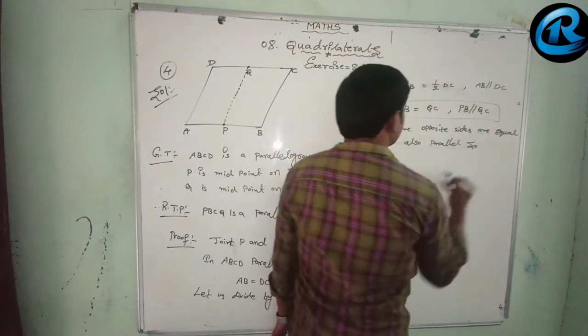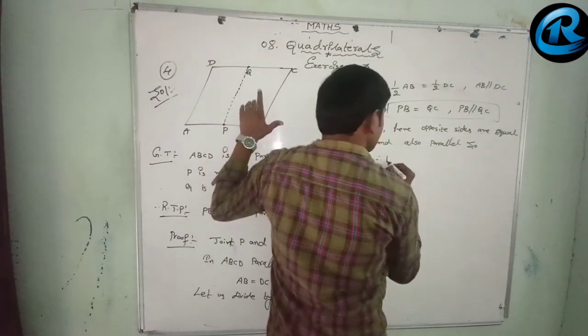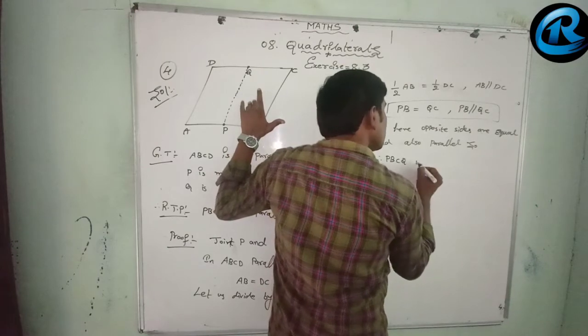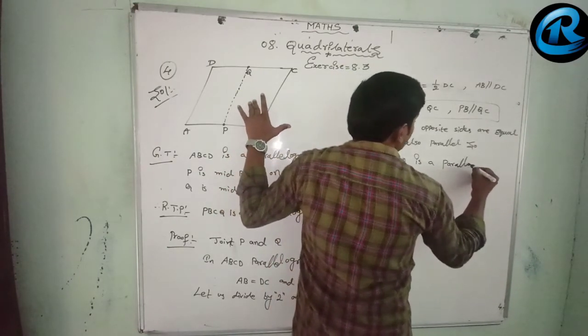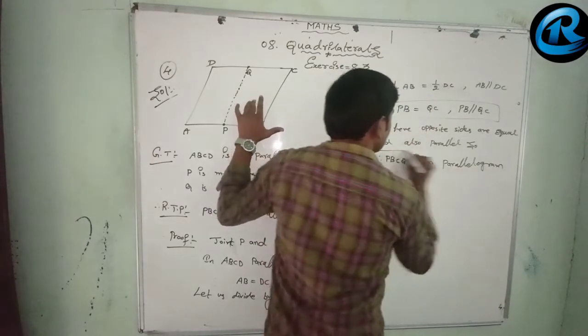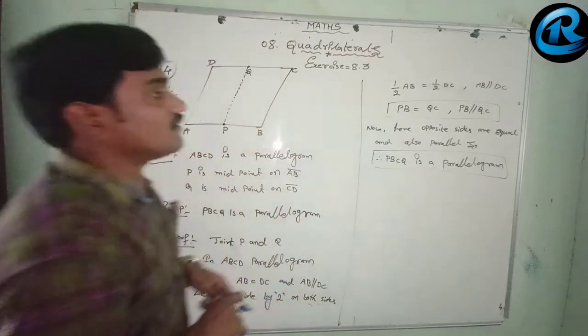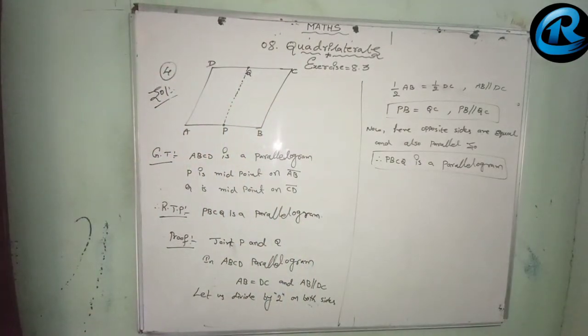Therefore PBCQ is a parallelogram. In a very simple way we can do this.